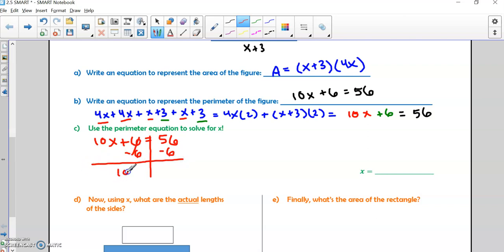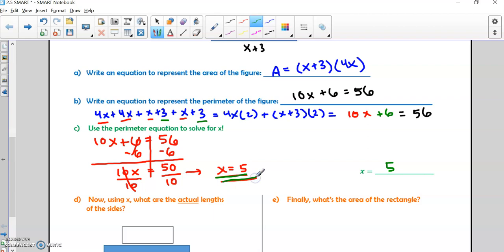And then we end up with 10x equals 50. And now we just got to divide both sides by 10 to get x by itself. So that gives us an x of 50 divided by 10, which is just 5. So x equals 5. Should have done this in green.